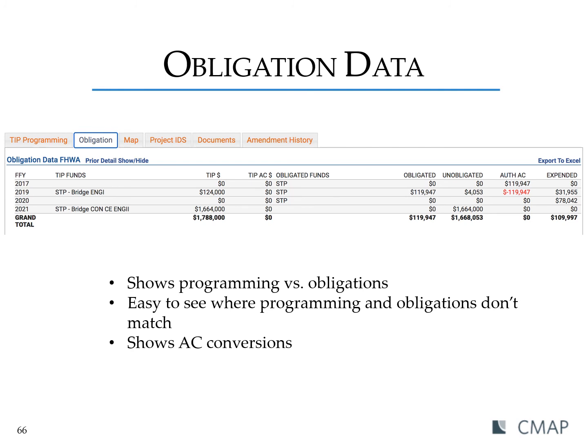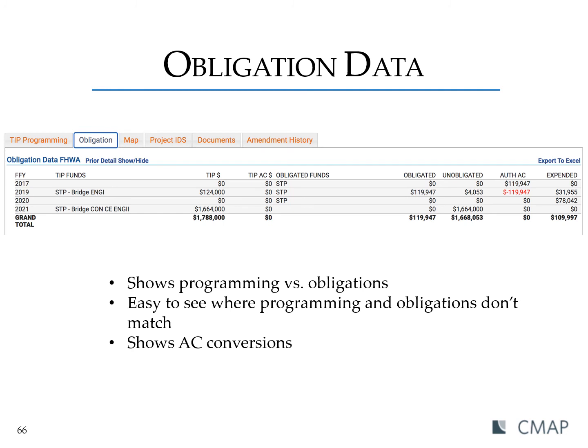Because that AC amount was less than the STP amount awarded in 2019, there was a remaining balance of about $4,000, as seen in the unobligated column. And then currently, in 2021, that STP money is unobligated, but it should be obligated during this federal fiscal year, as the money is intended to be used this year, and then the lead agency will seek reimbursement.